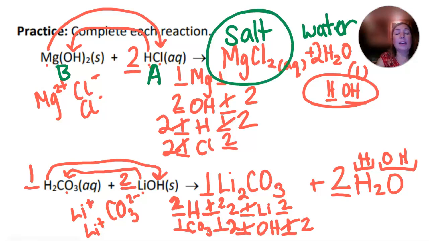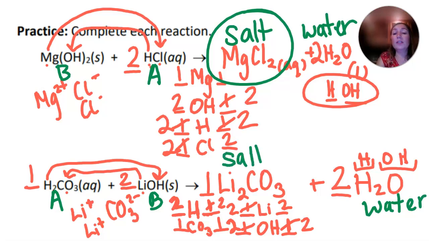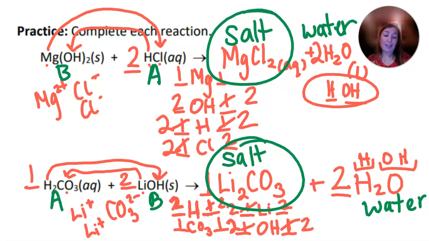So again, in acid-base reactions, we've got our acid starts with H, we've got our base with hydroxide. We're always making water. And here our salt is lithium carbonate. So going back and finding the salt, I think, is helpful when you're finished with an acid-base neutralization. Make sure you made a salt and water.